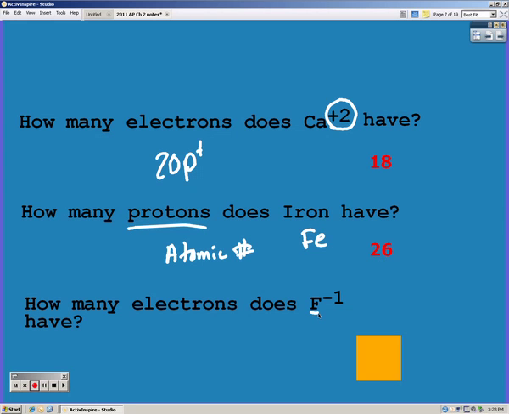And finally, we need to see how many protons fluorine has, and it has 9. It has a negative charge, which means it has more electrons than protons, which means it must have 10 electrons.